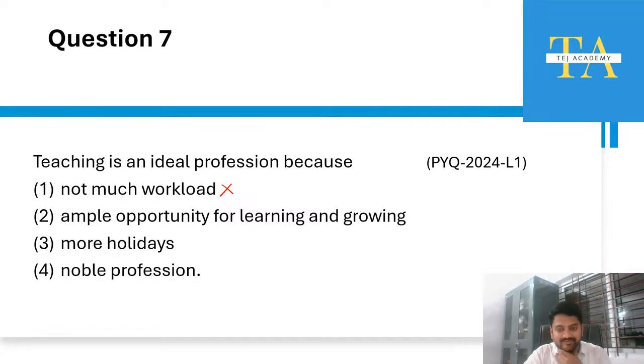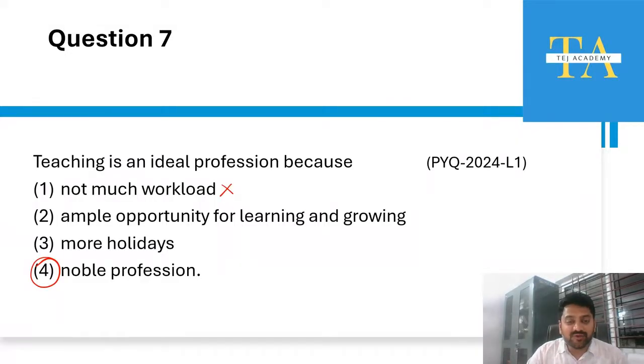Yeah, the majority of you are selecting the second one, ample opportunity for learning and growing. Of course, in the majority of professions, this ample opportunity for learning and growing will be available. Teaching is an ideal profession because it is a noble profession. Option 4.